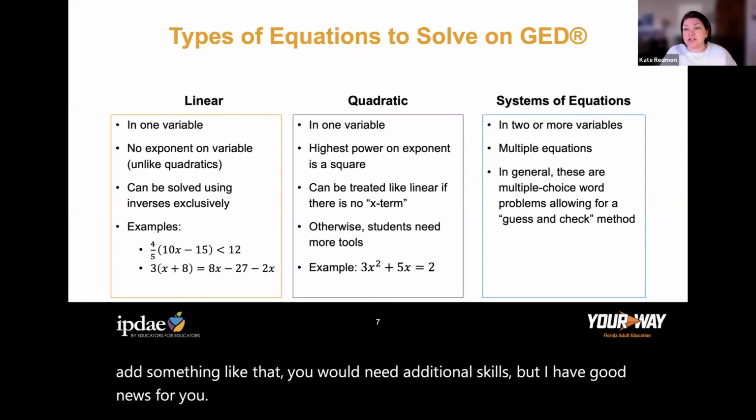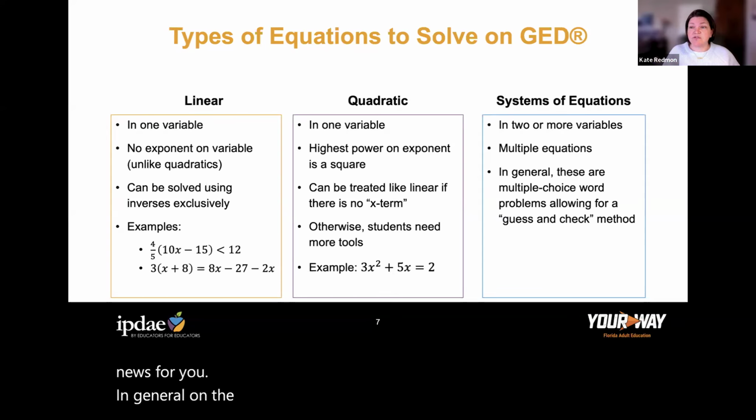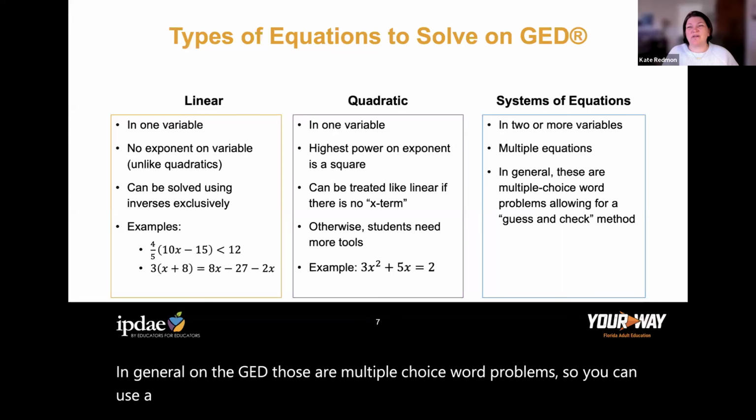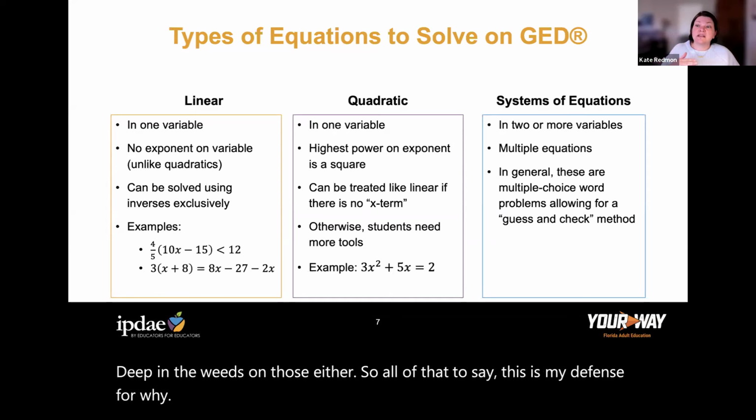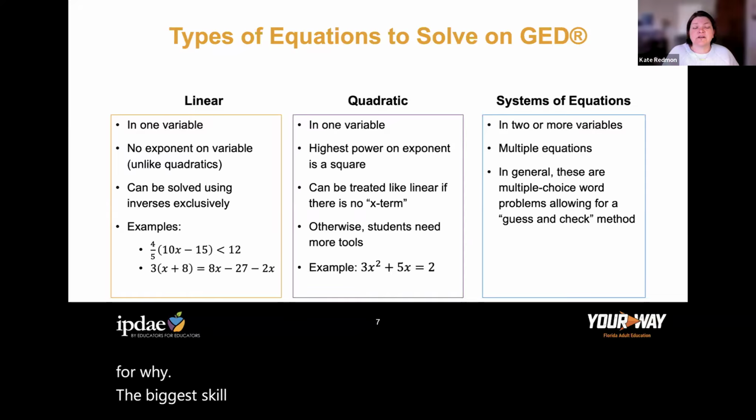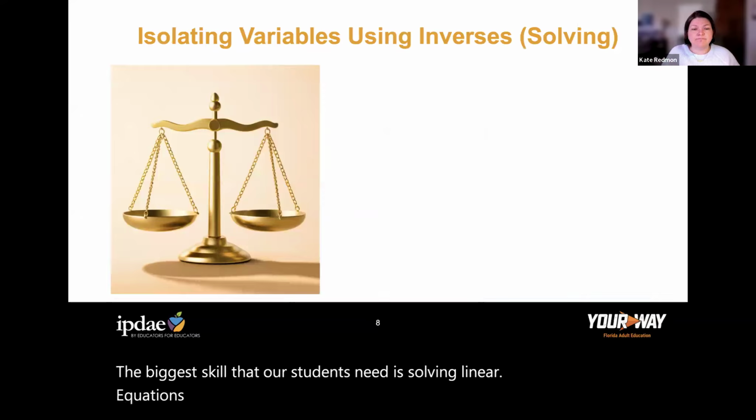In general, on the GED, those are multiple choice word problems, so you can use a guess and check method. So we don't have to get deep in the weeds on those either. All of that to say, this is my defense for why the biggest skill that our students need is solving linear equations and inequalities rather than any other type.